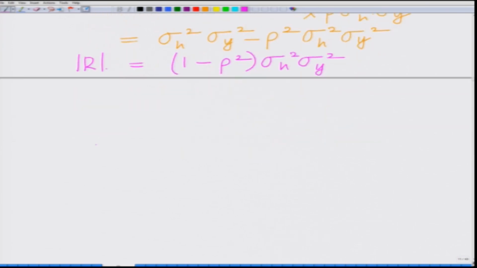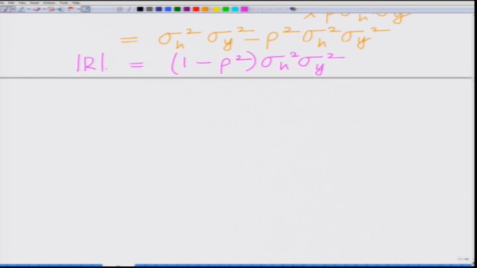Now remember, the MMSE estimate is given as the expected value of h given y, the expected value of the parameter h given the observation vector y. For that, we need the conditional probability density function of h given y.